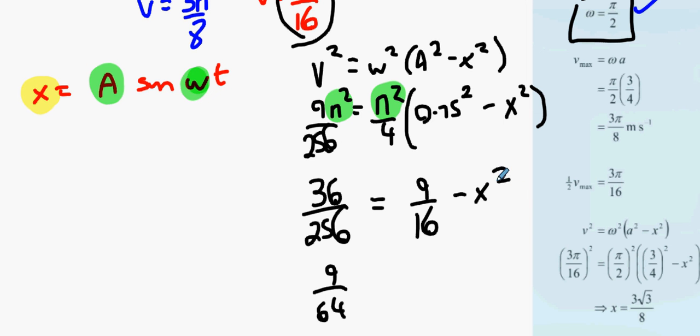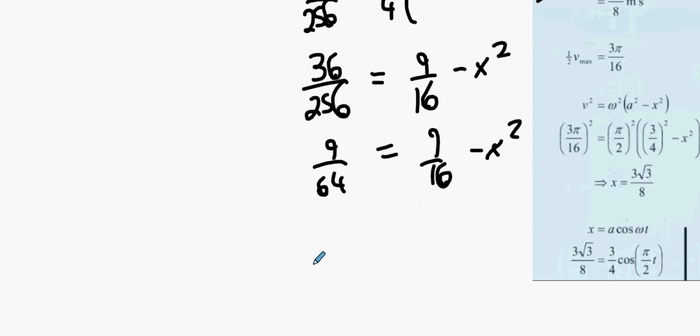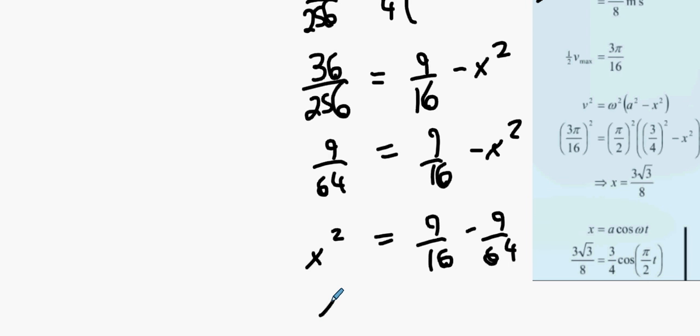Now, here's what we're going to do. Bring the x squared to the left, I do 9 over 16 minus 9 over 64. 27 over 64.